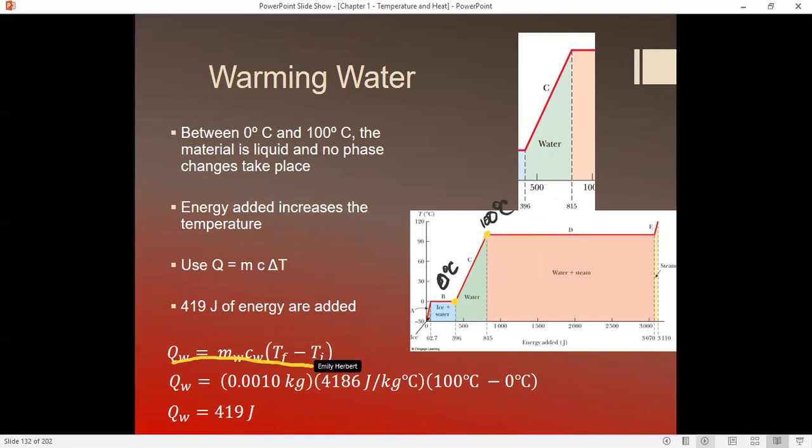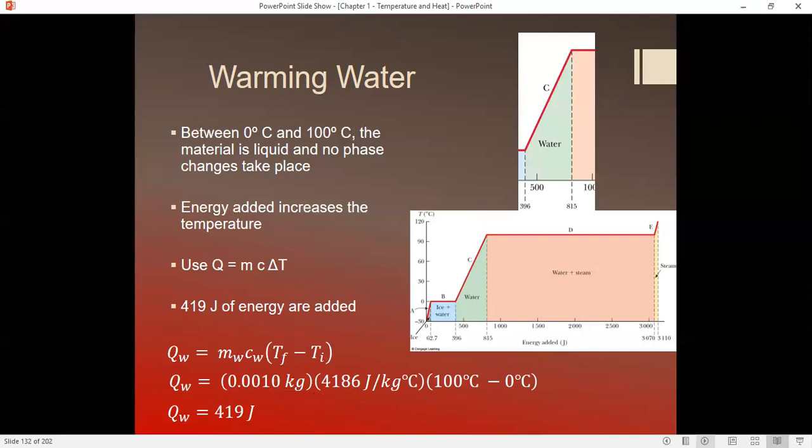Now I'm going to do Q, but this time I'm going to use the specific heat for liquid water. Folks, be very careful here. Again, you saw that ice was 2010. Liquid water is 4186. Don't ever use the specific heat of liquid water when you're heating ice or when you're heating steam. And again, we can see how much energy it takes to go from 0 to 100.